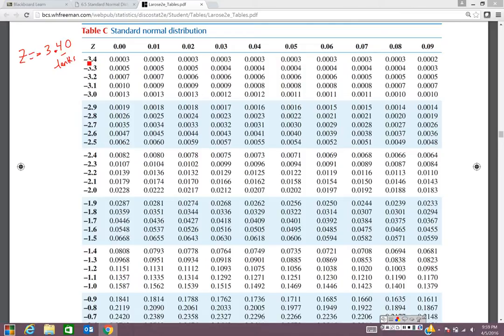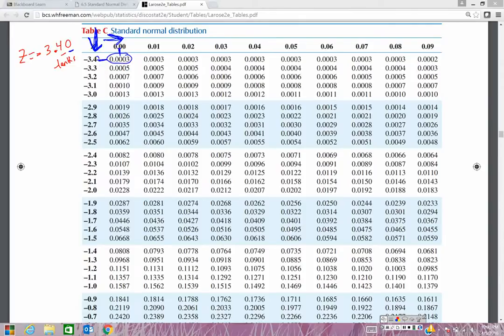But what's in the hundredths place? The hundredths place is the number to the right of the tenths place, which is the 0. So for the tenths, you will look at this column, and what's in the tenths place? The 4. For the 0, you'll look at the row. Alright, so negative 3.4 will correspond to this number because it's the intersection of negative 3.4 and 0.00. Alright?